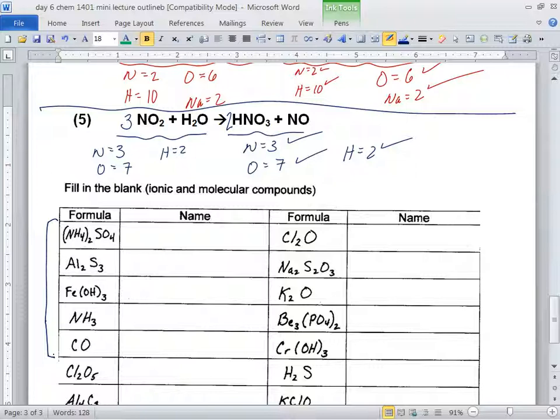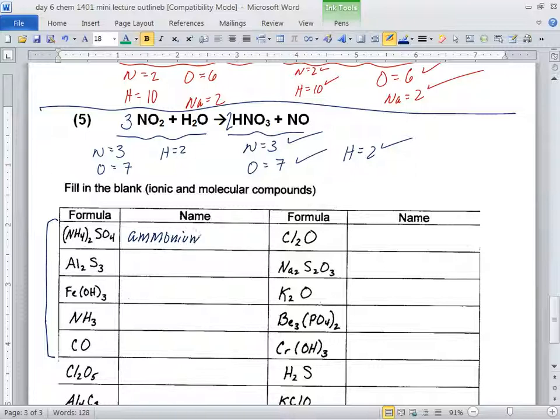Now how about the oxygens? 6 plus 1, 7. Maybe I missed the 3 on the bottom. Yeah, then it won't work. And that makes sense. Good. Ammonium sulfate. So this very first one, hopefully you named it ammonium sulfate.